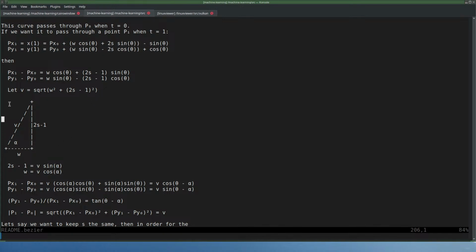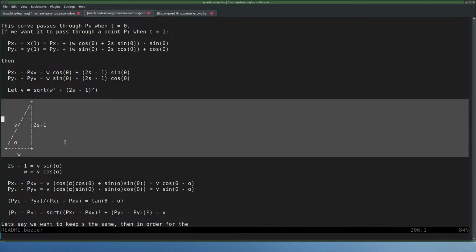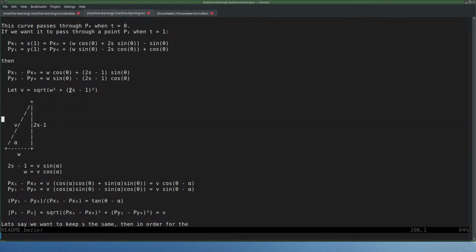And then because of the Pythagoras, well, this is just Pythagoras, right? So v squared equals w squared plus 2s minus 1 squared. So you can draw it like this in a triangle.